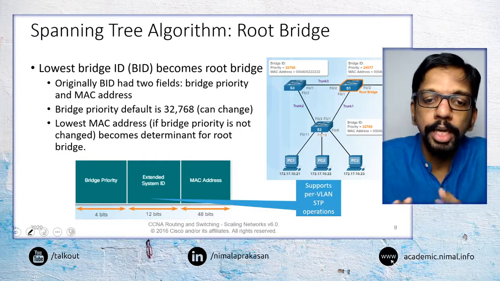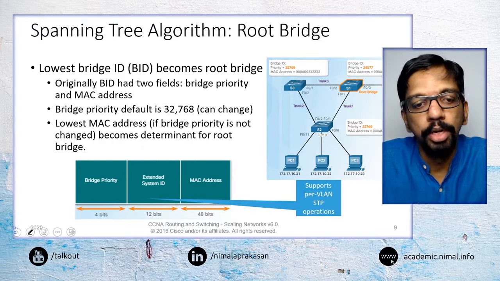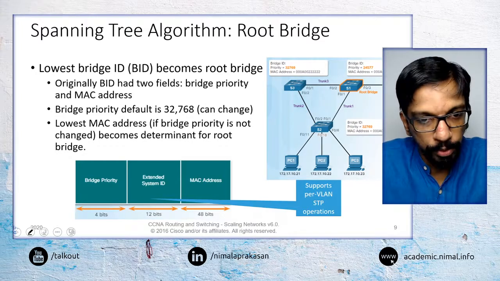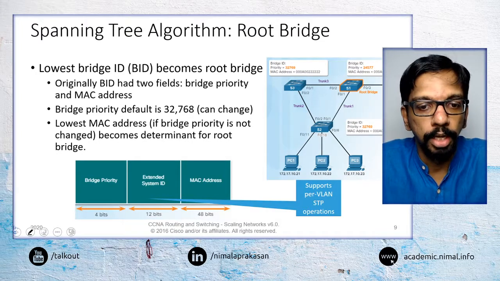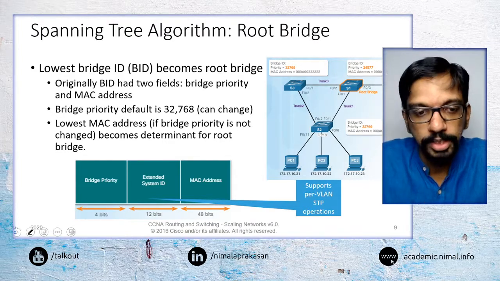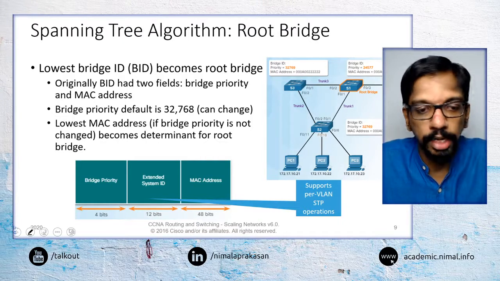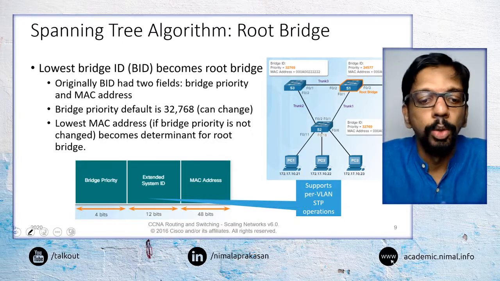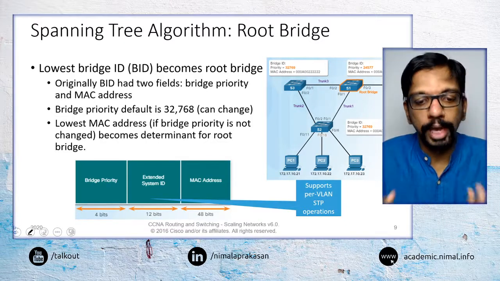The bridge ID is a combination of a bridge priority number, which will normally default to 32,768, which can be changed as well, and the MAC address of the device.